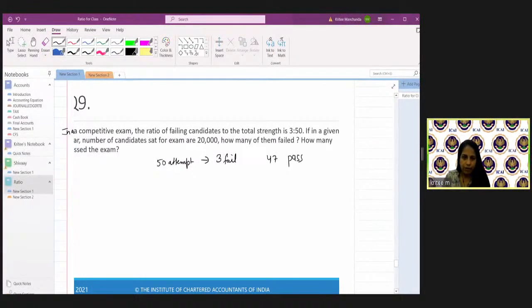If in a particular exam the number of candidates who sat was 20,000, how many fail? 3 out of 50 people fail. How many will fail out of 20,000?